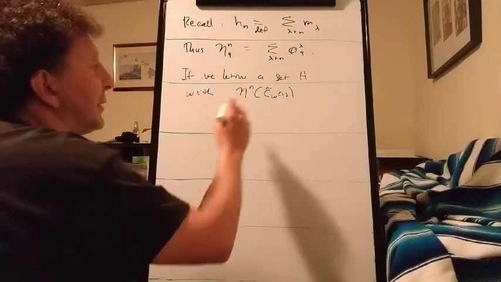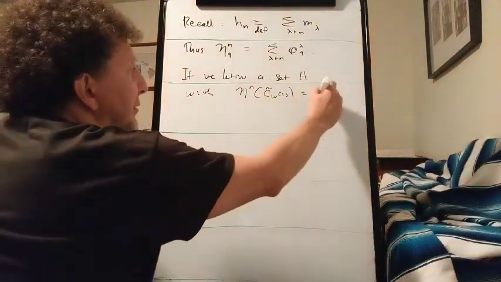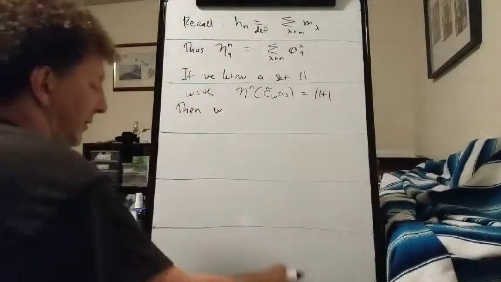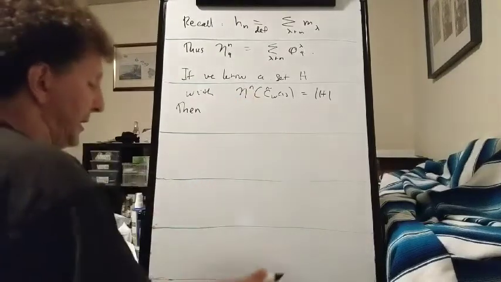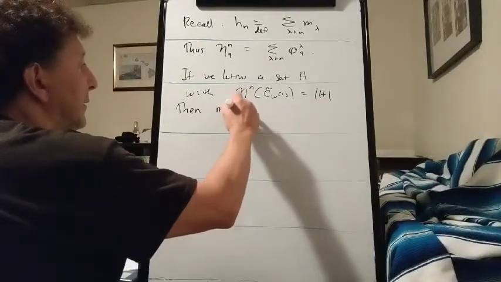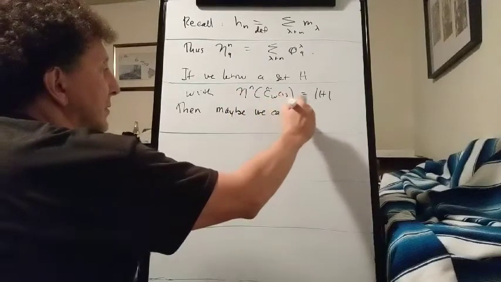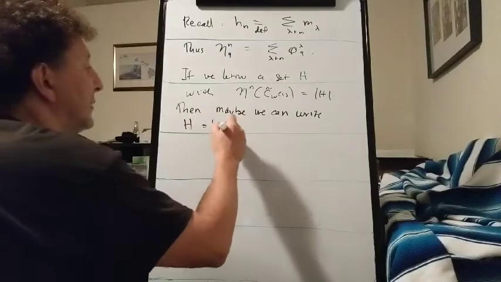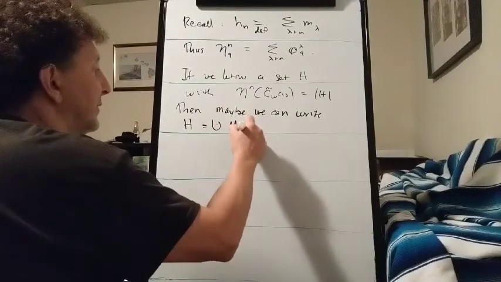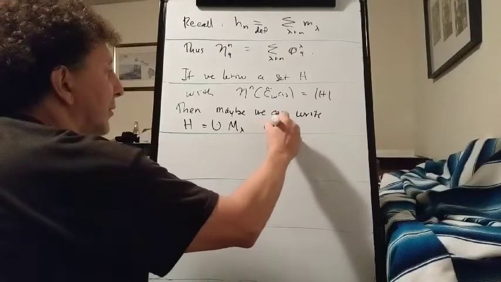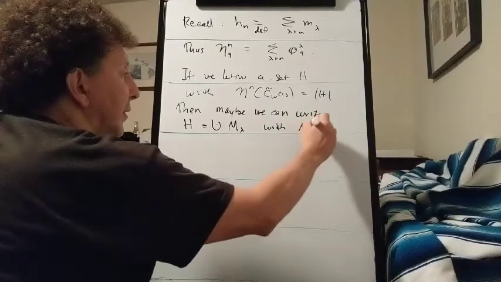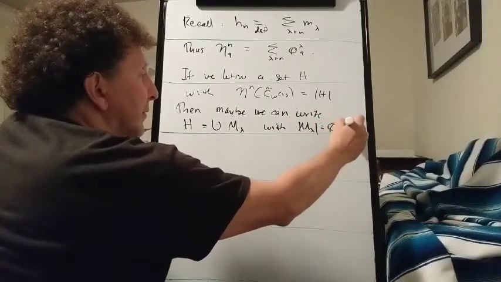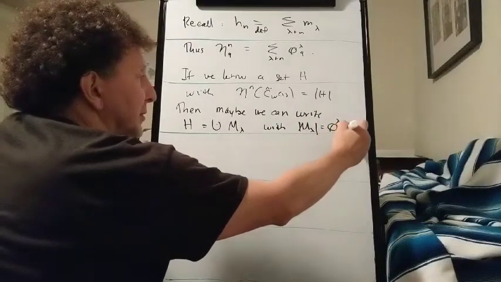So the trivial character evaluated at the Kazhdan-Lusztig basis equals the number of elements in H. Then it makes sense to think that maybe we can write H as a disjoint union of subsets m lambda with the number of elements in each subset m lambda equal to the monomial trace evaluation.